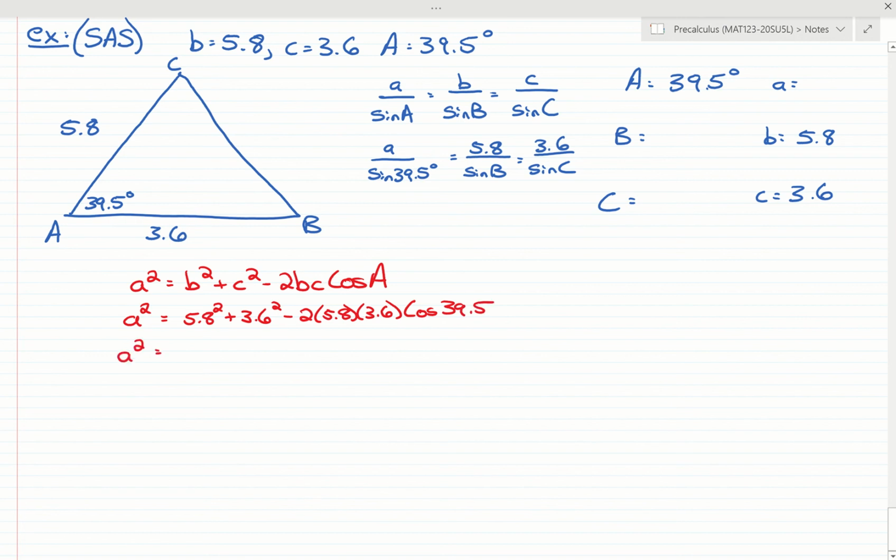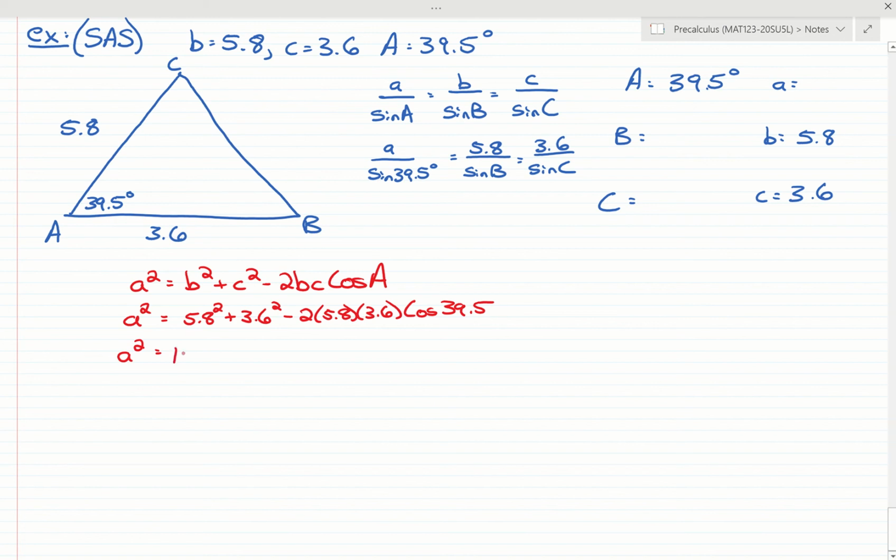I'm going to type this in, and let's see what we get. Let's just type it in one shot. We don't have to do it in pieces. So 5.8 squared plus 3.6 squared minus 2 times 5.8 times 3.6 times the cosine of 39.5.